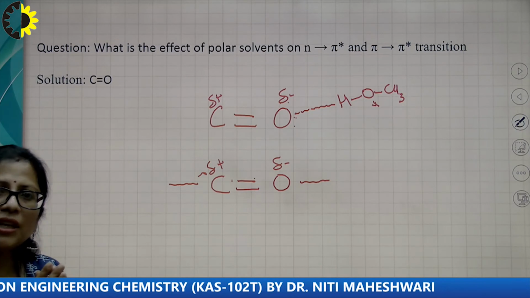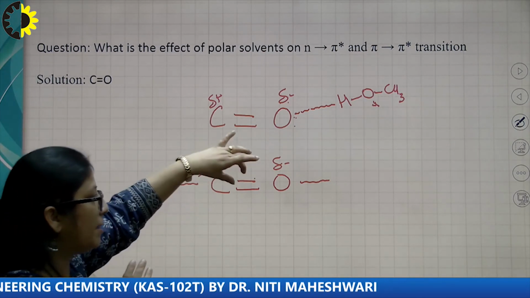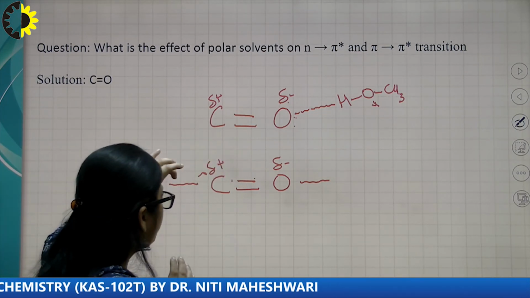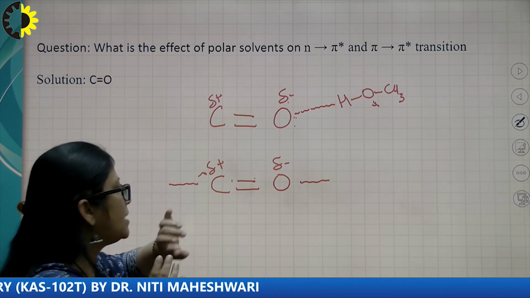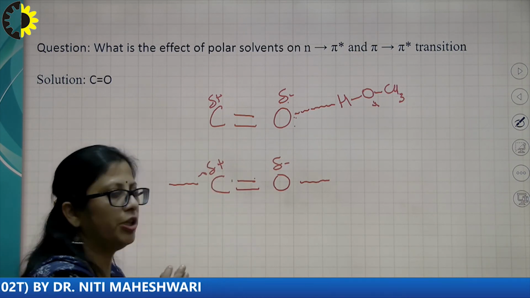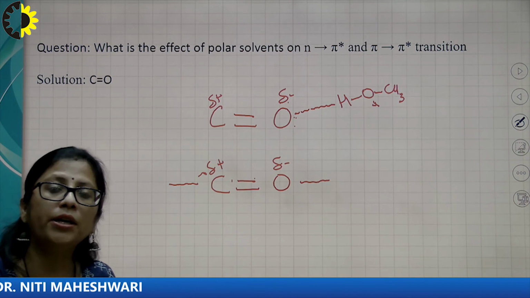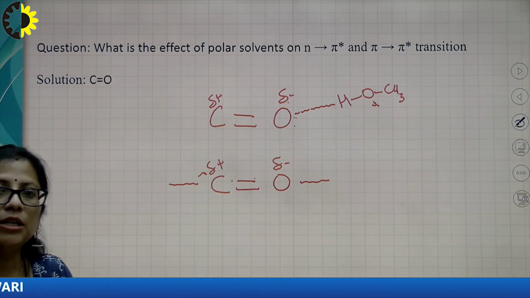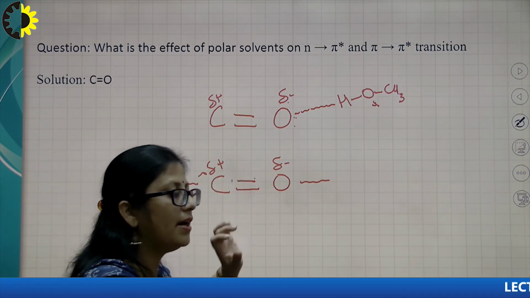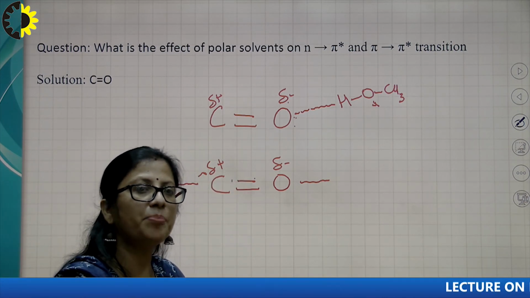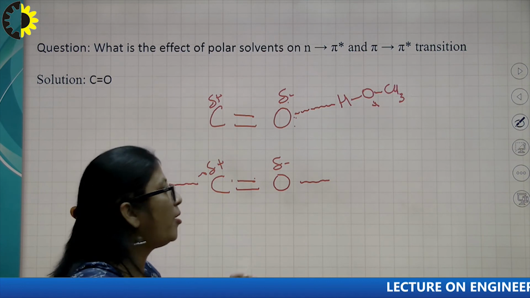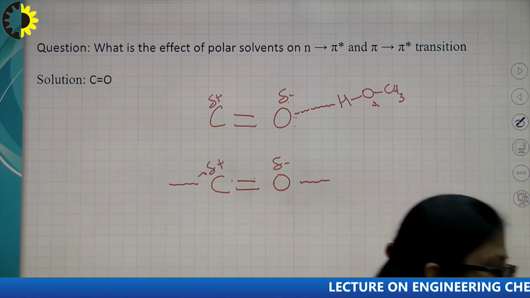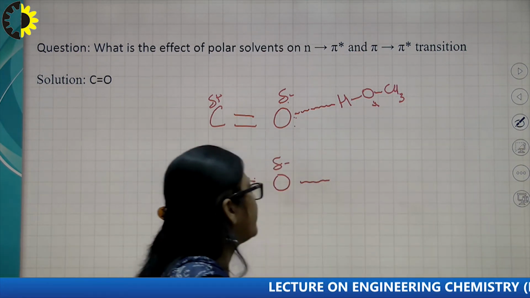Now, this pi bond, which was stable before, the polar solvent is increasing its energy or decreasing its stability. When it gets increase in energy, that means we require lesser energy now to excite these pi electrons to move from the highest occupied to the lowest unoccupied orbital.